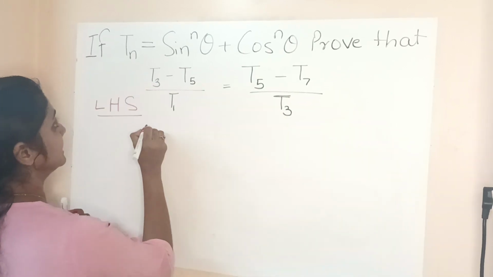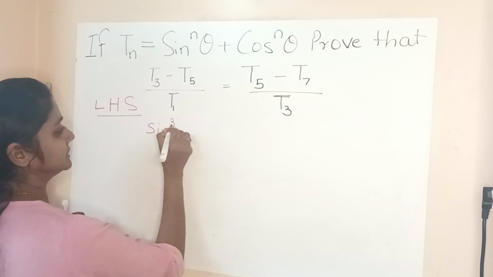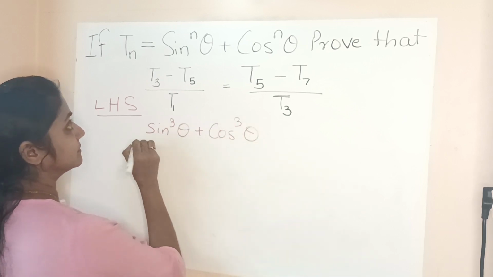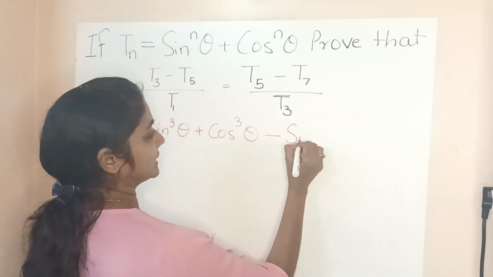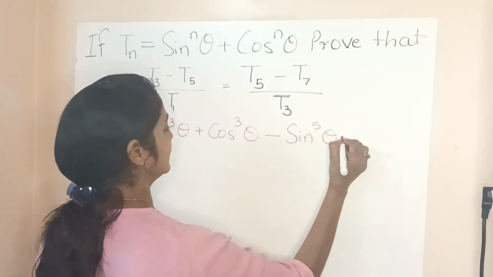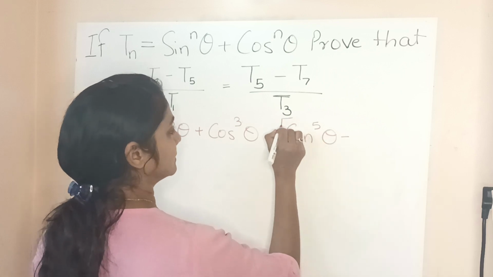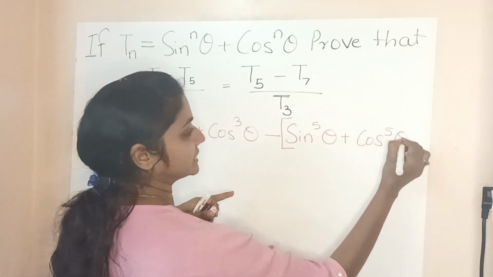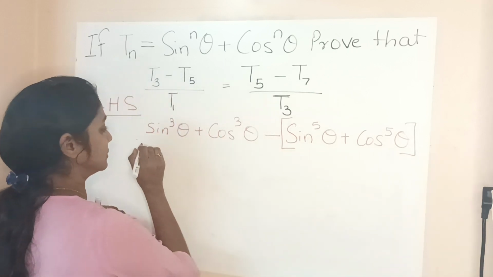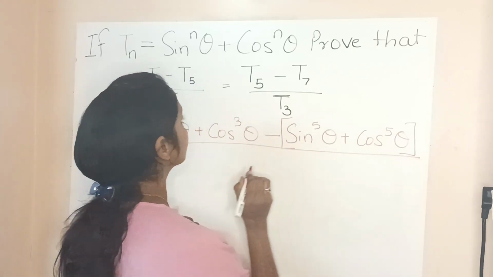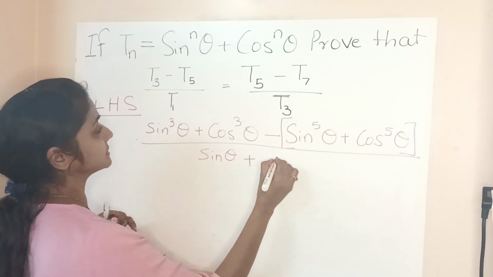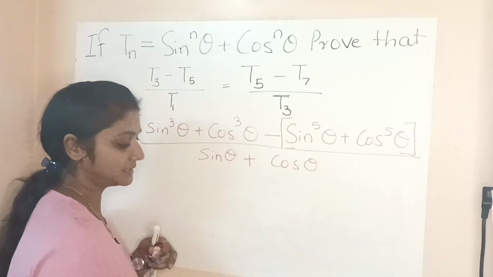This is going to be sine cube plus cos cube minus sine to the power 5 theta plus cos to the power 5 theta. Don't forget this bracket. Here sine theta plus cos theta. Done till here, done.